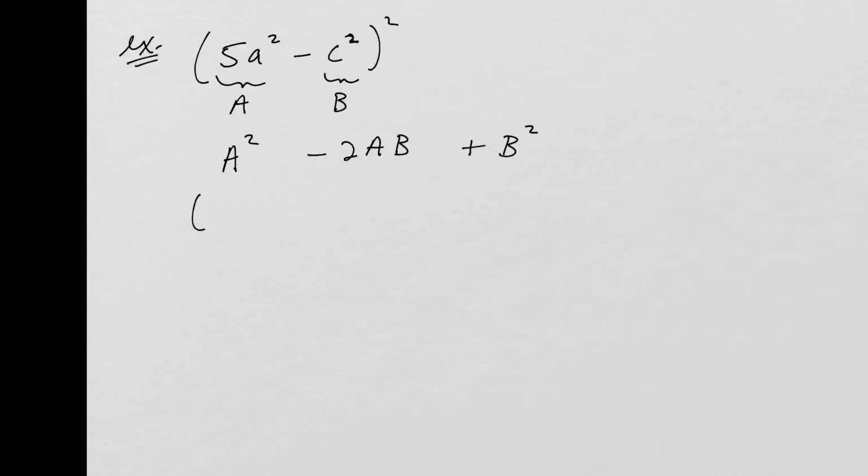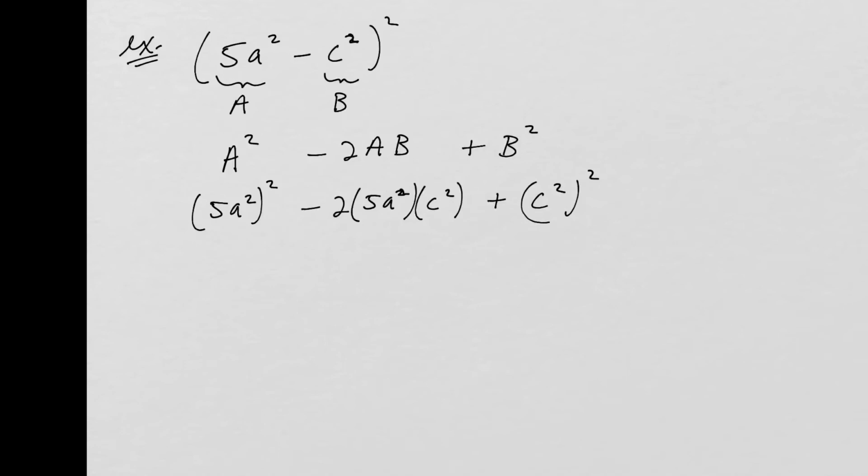So this is going to be (5a squared) squared, right? Minus 2 times 5a squared, and then times B, which is c squared, and then plus (c squared) squared.